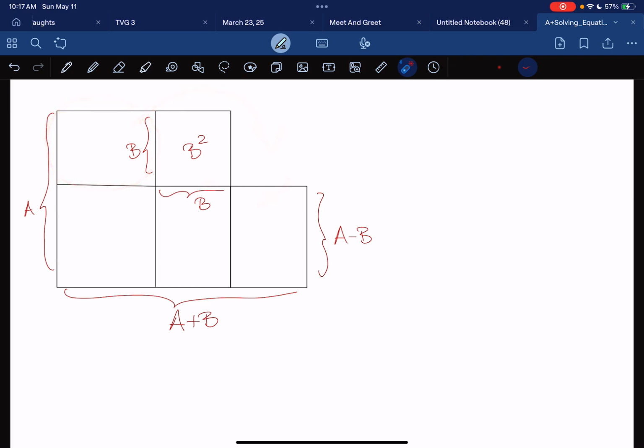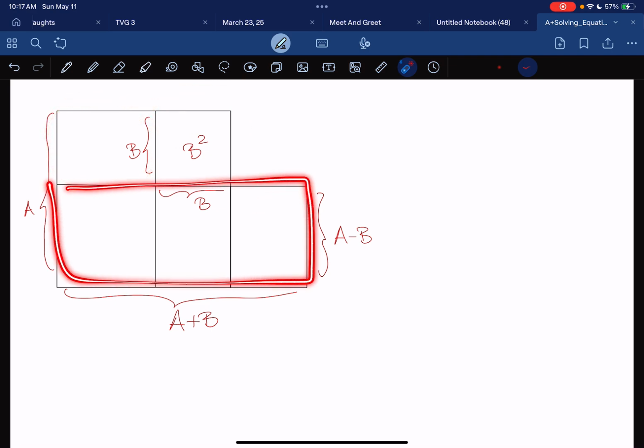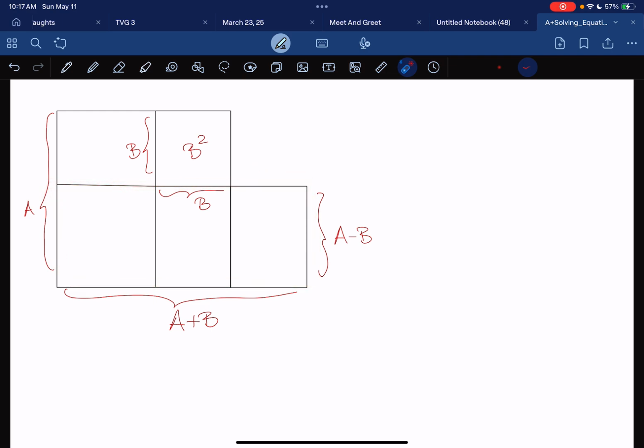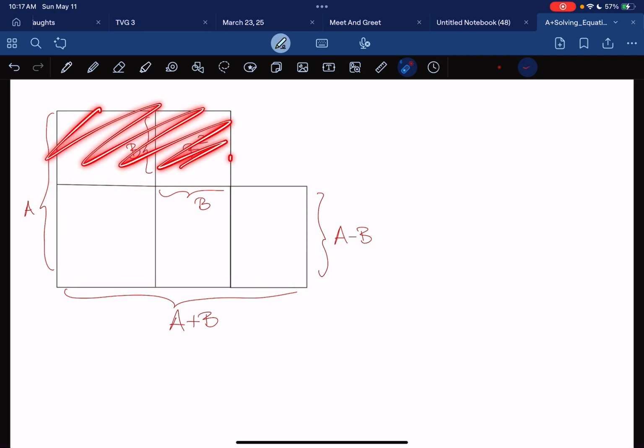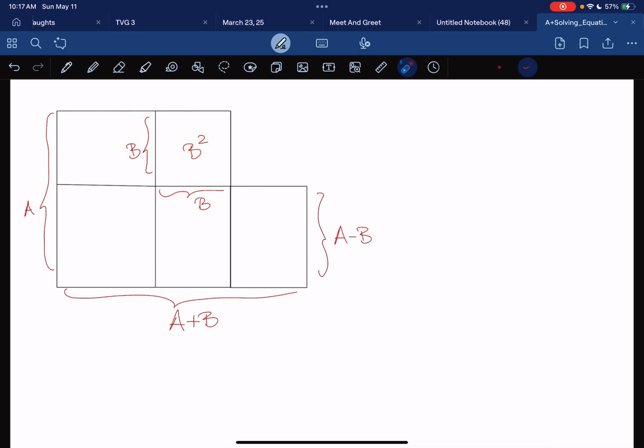You see all these rectangles and squares have the same height. That's important. Now we don't care about the areas of the rectangles and squares above, and we're left to calculate only the area below. What is the area of this whole rectangle? Well, up to here the length is a.